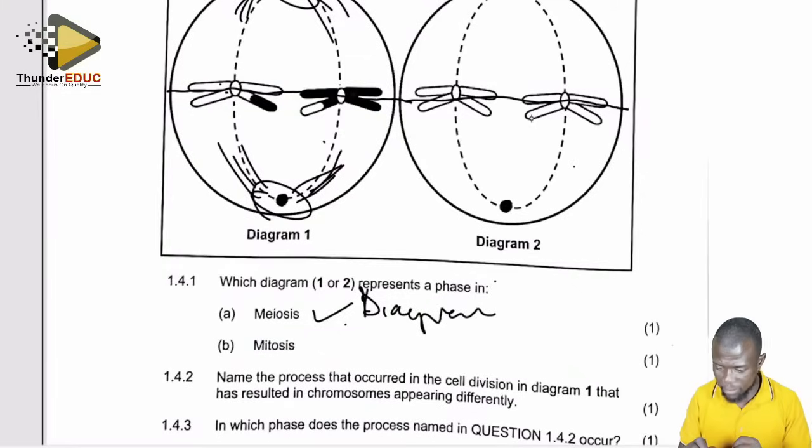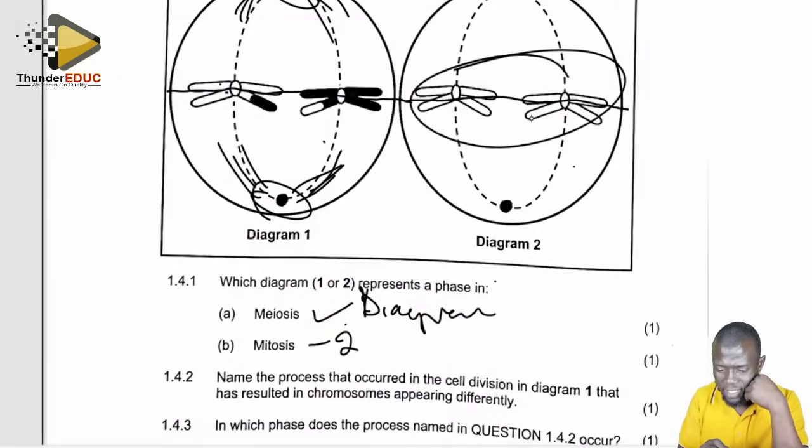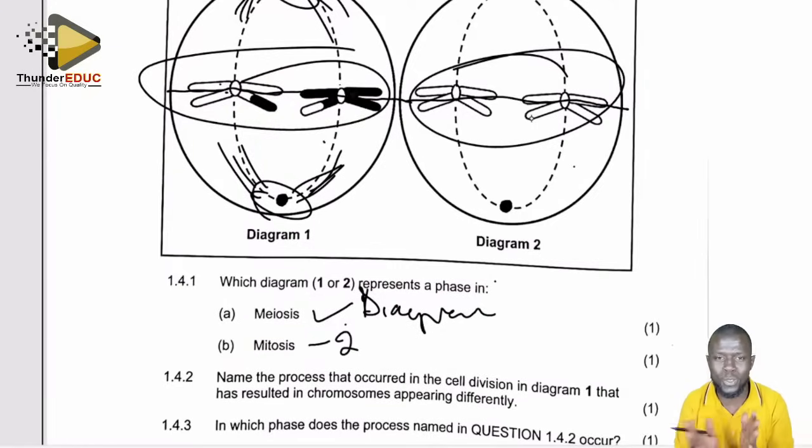And then diagram 2, I will say it's mitosis. Do you know why? Because here there are no variations. Here you see that the chromosomes are varying due to the crossing over, but here I don't see any variation. So it could be mitosis. I'll conclude it like that.